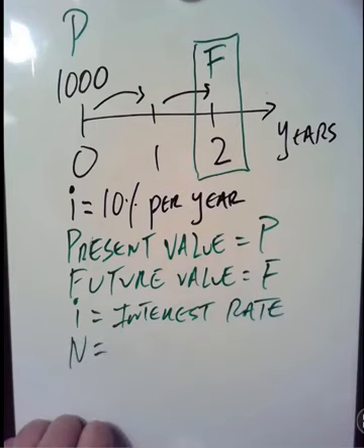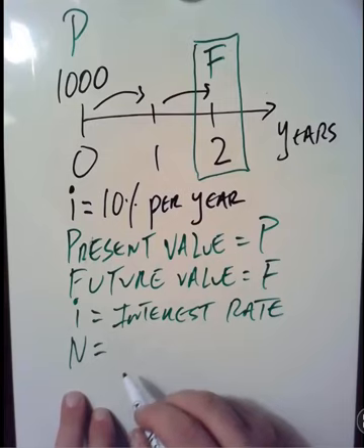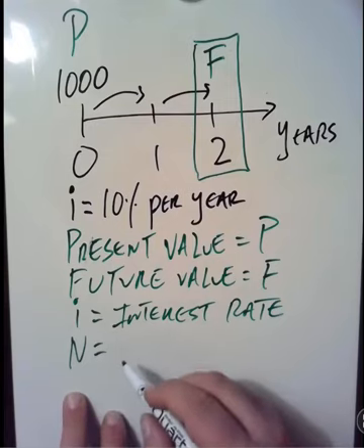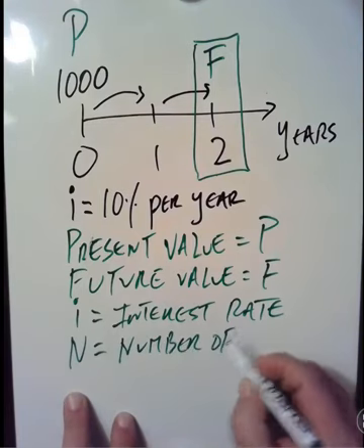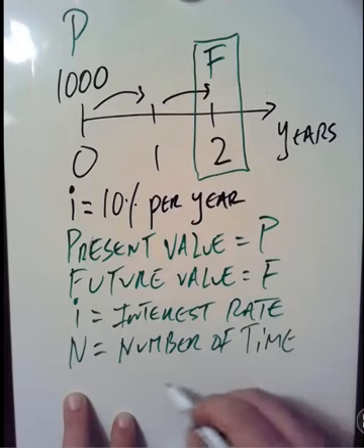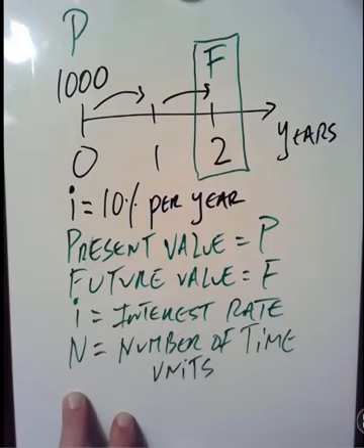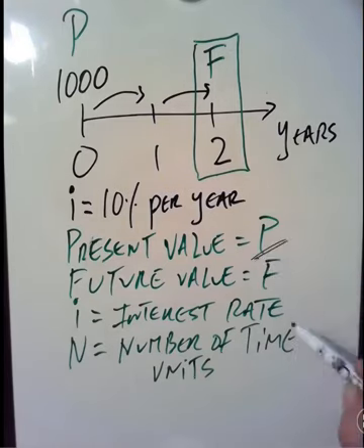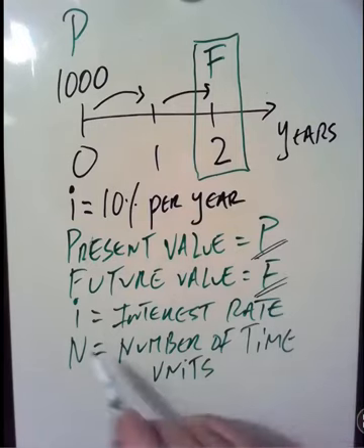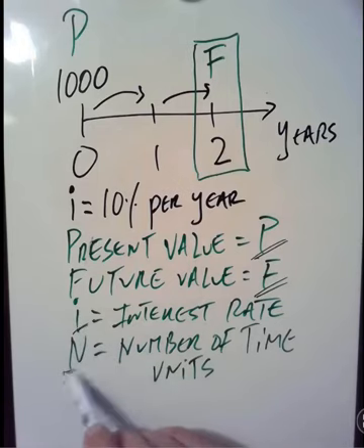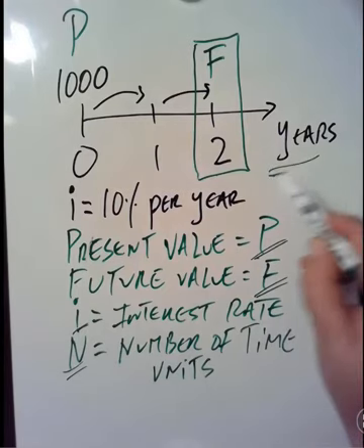And since we are talking about notation, let's already define N. N is the number of time units. So we have the 4 main variables we're going to be working on. P for present value, F for future value, I for interest rate, N for the number of time units. In this case, the units are years.